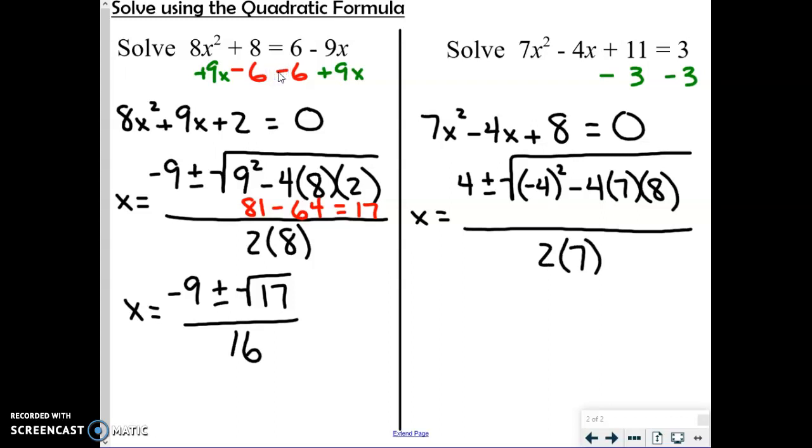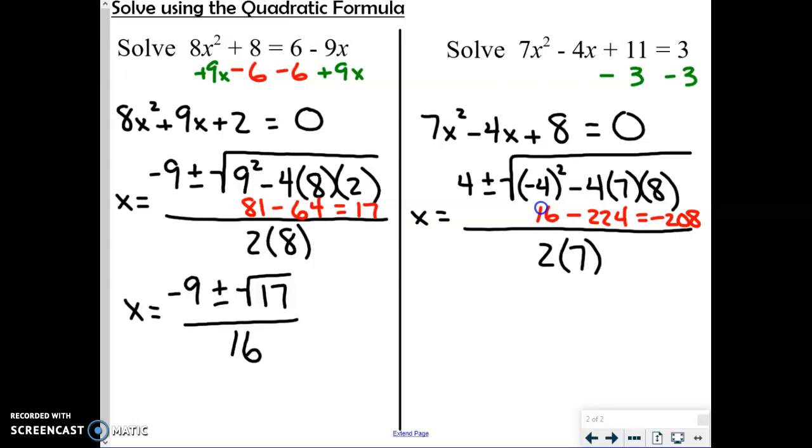So now we're at the point again where we figure out the discriminant, what's under the square root. So in this case, negative 4 squared is 16 minus 4 times 7 times 8 is 224, which leaves us with the answer negative 208. So that right there, ladies and gentlemen, is the other scenario that we could run across.